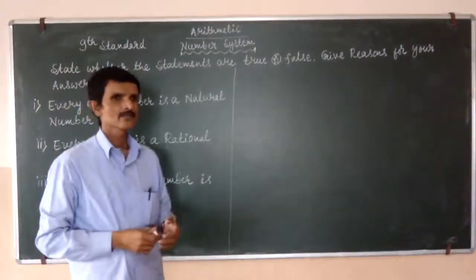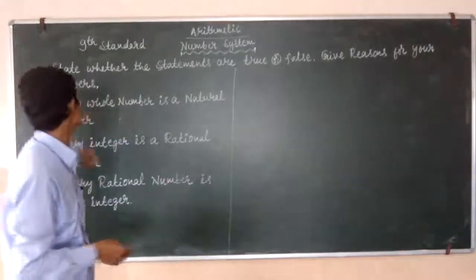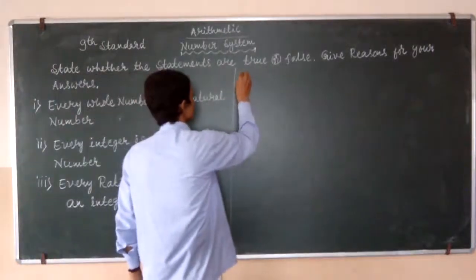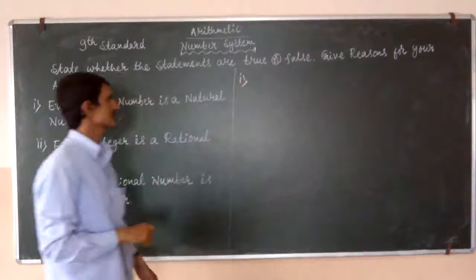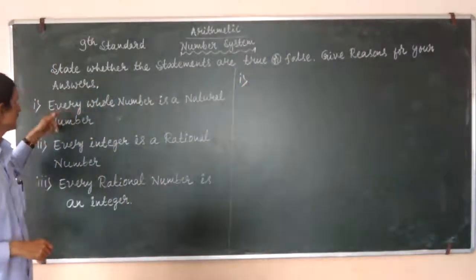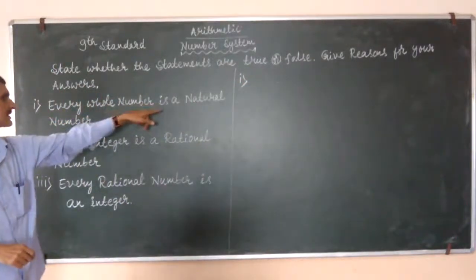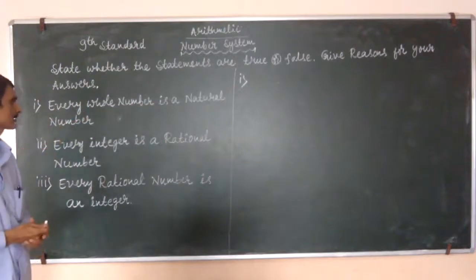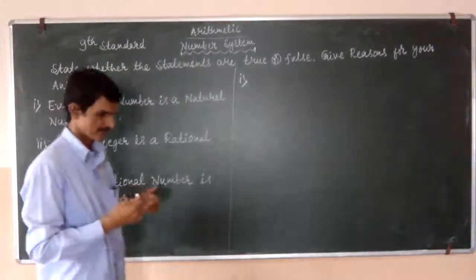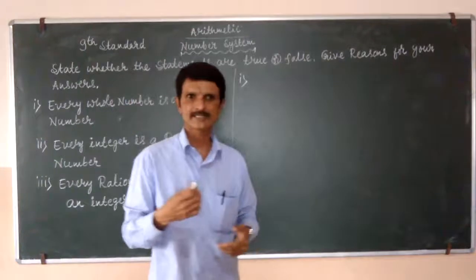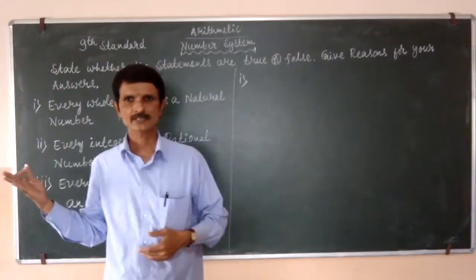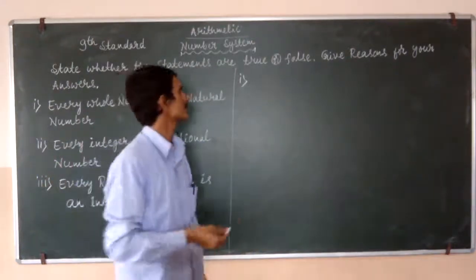Students, so if we take the first statement, every whole number is a natural number. That means we have to recall the set of natural numbers and the set of whole numbers.